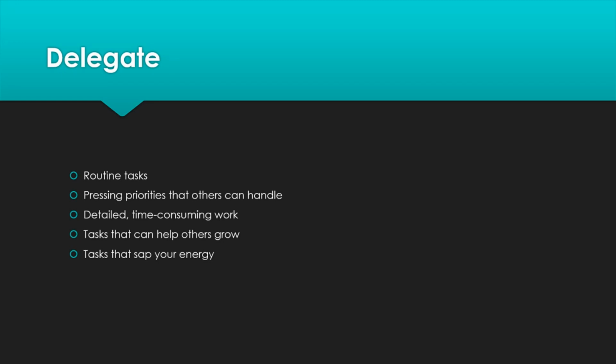Pressing priorities that others can handle. So they're urgent things, but they are possible to be done by other people. Those are prime candidates for outsourcing or delegating. Details, time-consuming work. If I can delegate that, it would free up a lot of my time. Tasks that can help others to grow and increase their skills, and tasks that sap our energy.